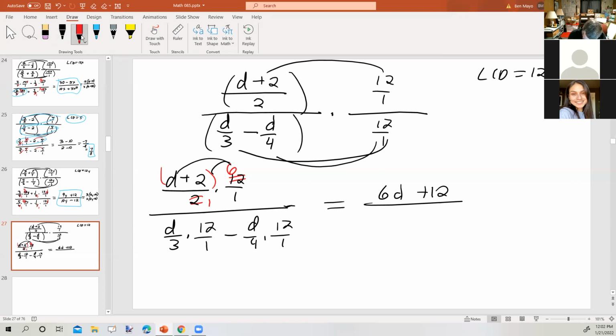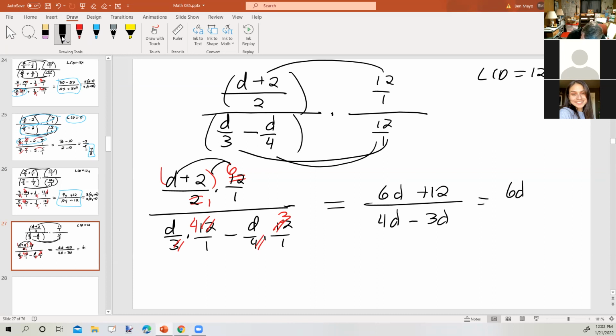In the denominator, 12 over 3 is 4. So I get 4D. And 12 over 4 is 3. So minus 3D.